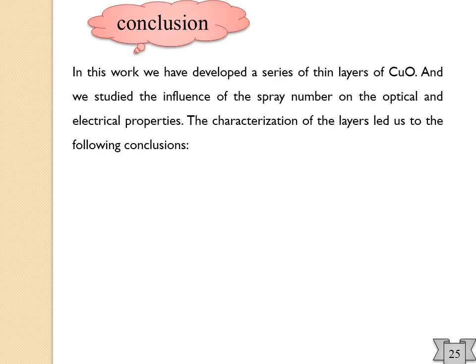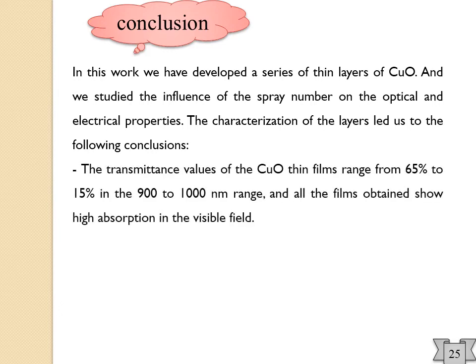In this work, we have developed a series of thin film layers of CuO, and we studied the influence of the spray number on the optical and electrical properties. The characterization of the layers led us to the following conclusions. The transmittance values of the CuO thin film range from 65% to 50% in the 900 to 1000 nanometer range, and all the films obtained show high absorption in the visible field.